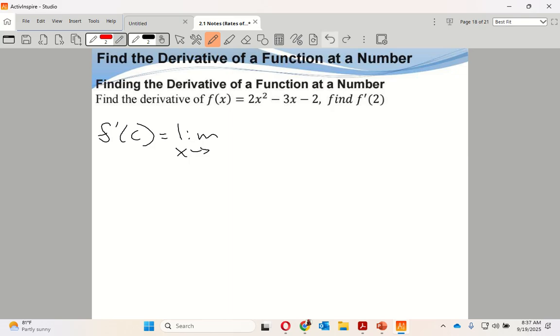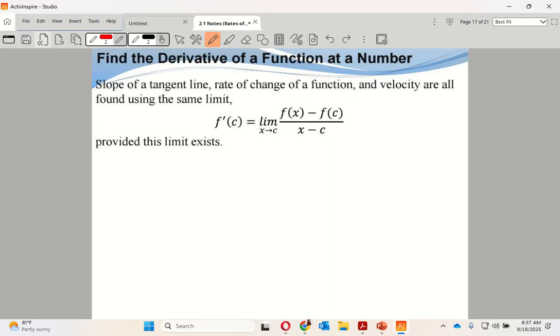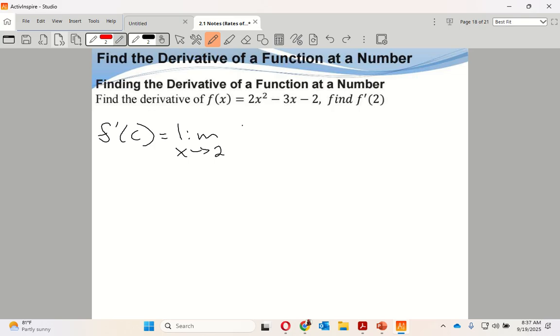And what is my c in this case? 2. So it's going to be f of x, which is all of this, 2x squared minus 3x minus 2, minus f of 2.